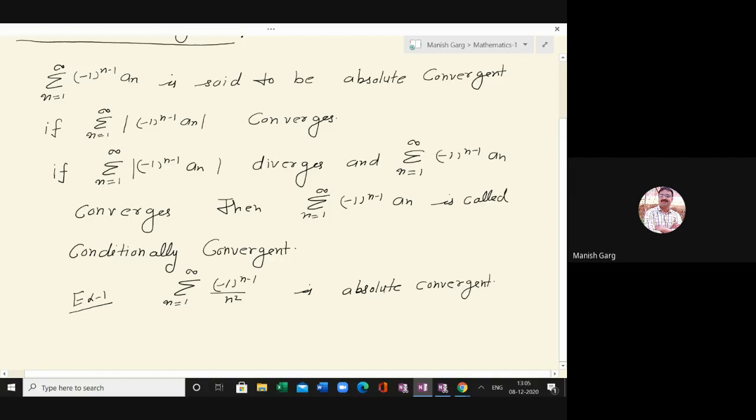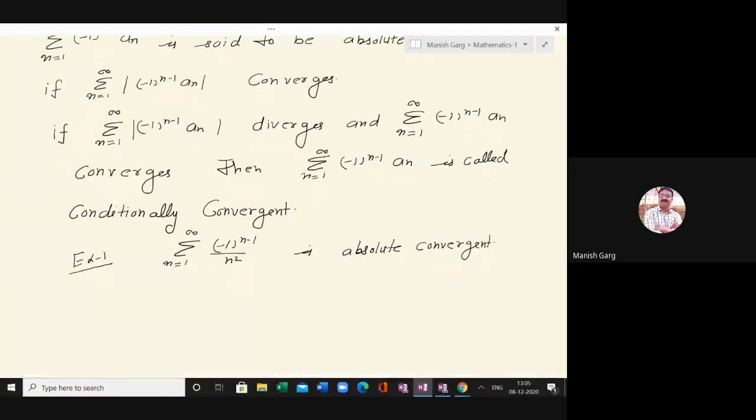If you take the positive series, it is the sum of 1 by n square, which converges. So you can say this is absolute convergence.